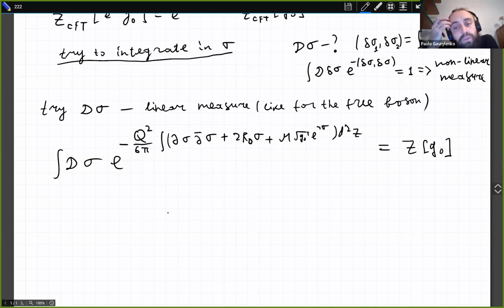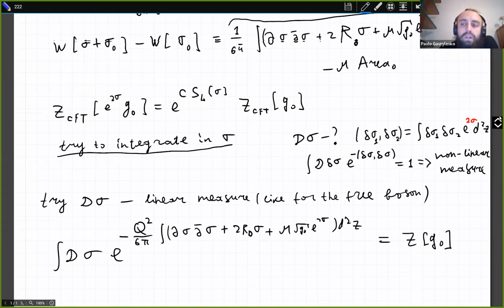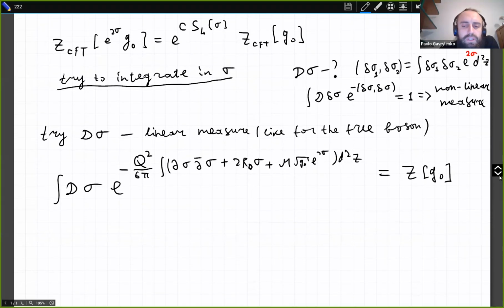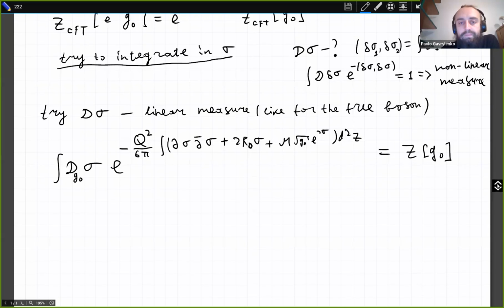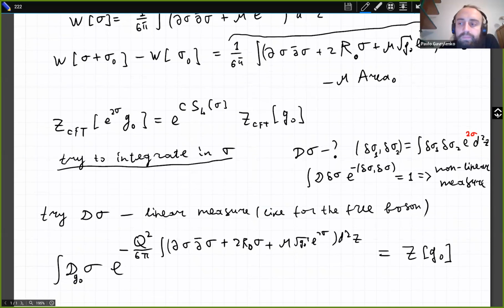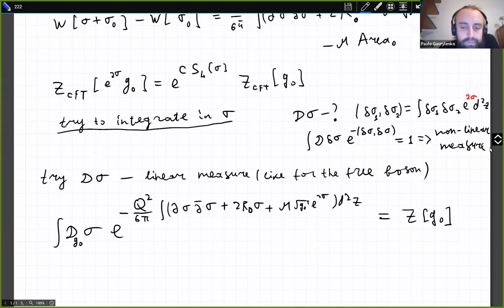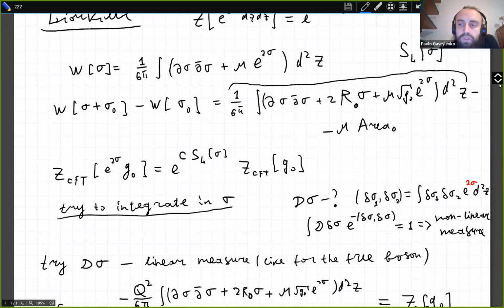So now we would like to play the same game. Namely, we would like to ask what happens with this partition function when we change G0, the measure in the metric G0.